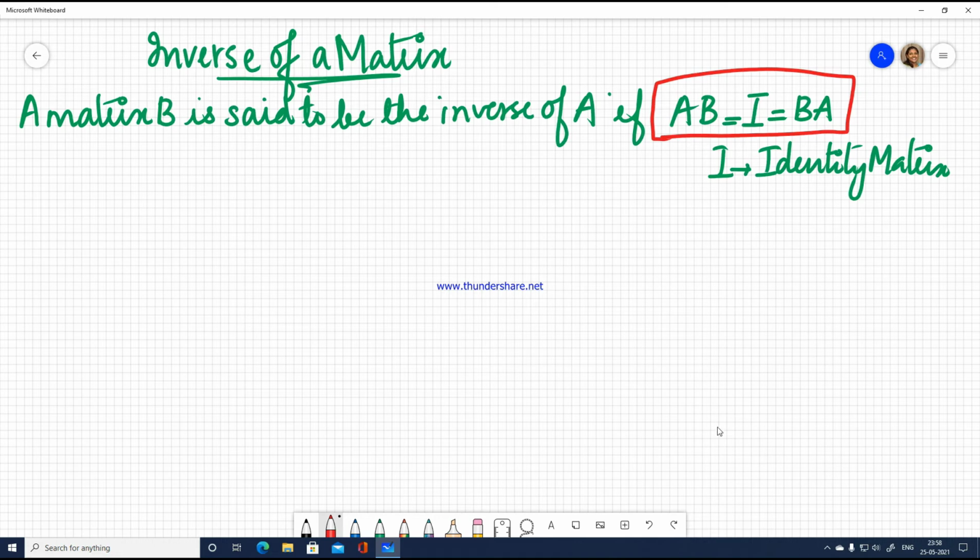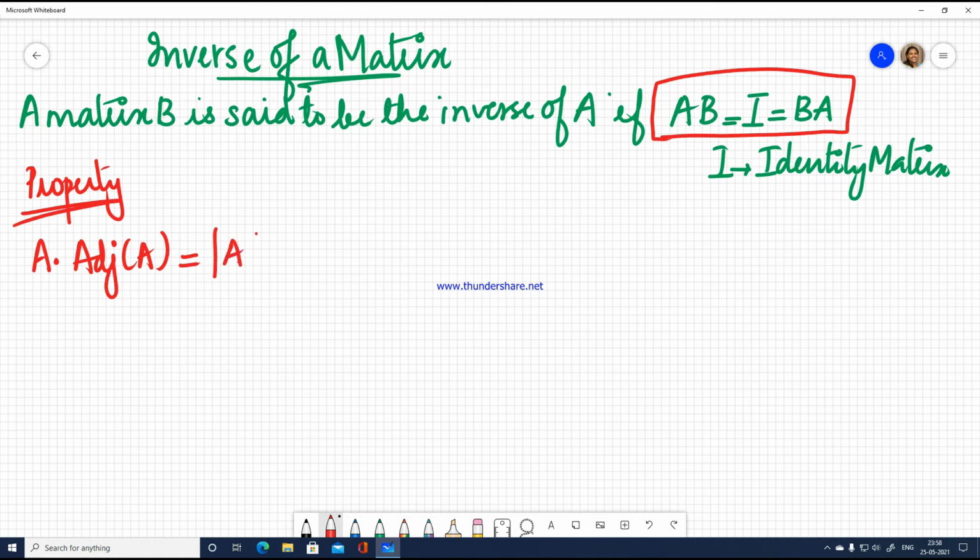So there is a property regarding this. The property is that when you multiply A and adjoint of A, that is always equal to determinant of A into identity matrix.